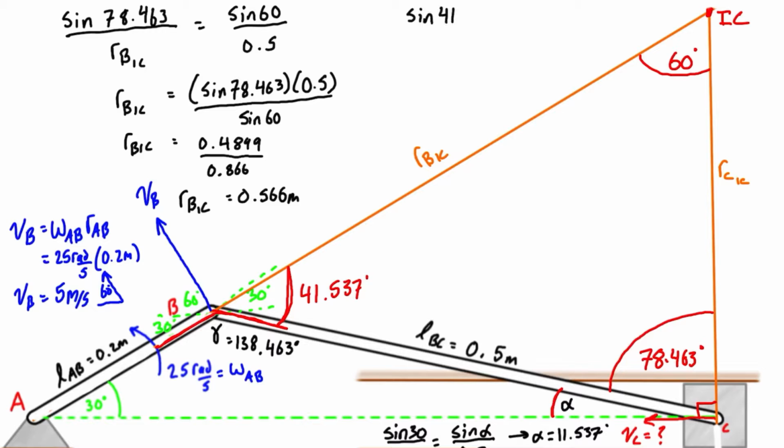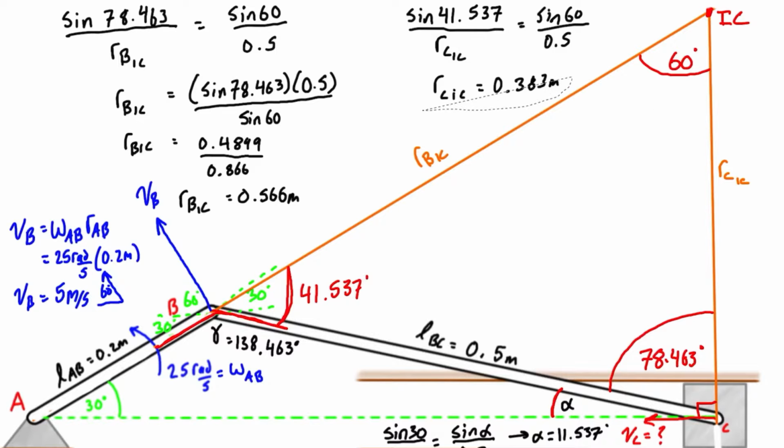So we have sine 41.537 over RCIC equals sine of 60 over 0.5, and we just find that RCIC is equal to 0.383 meters. So let's just move these so we don't get confused.